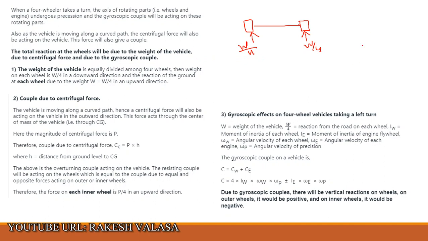The second one is the couple due to centrifugal force. The vehicle is moving along a curved path, hence a centrifugal force will also act on the vehicle in the outward direction. This force acts through the center of mass of the vehicle.